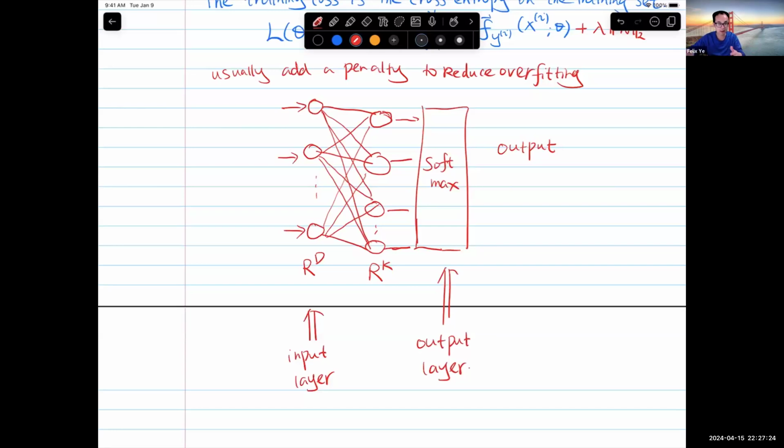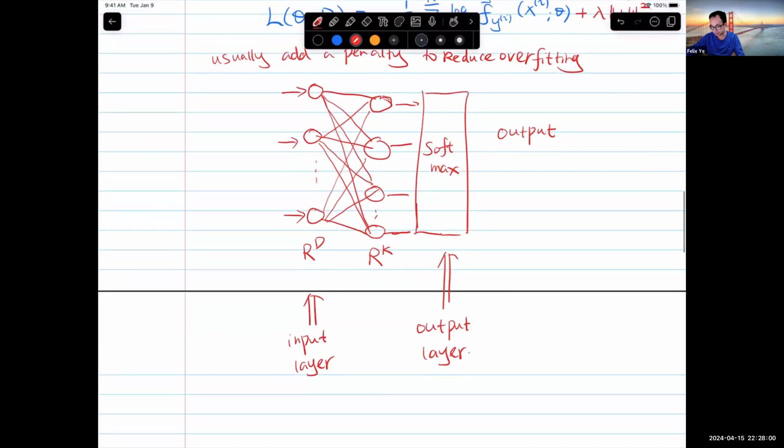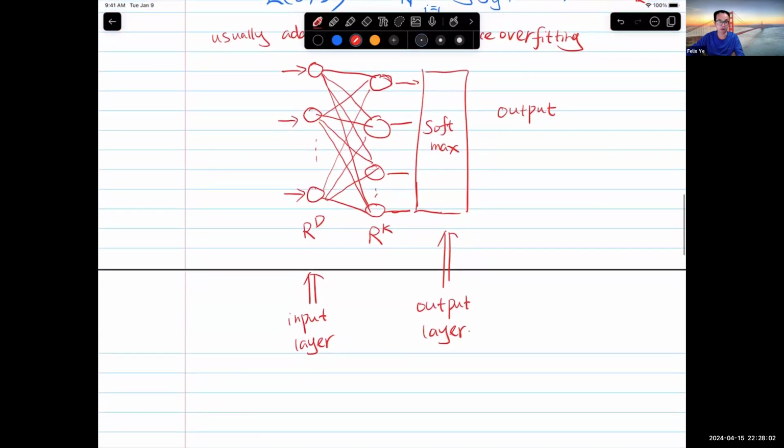There's nothing in the middle, just input and output. So you can think of logistic regression as the simplest possible neural network. This gives us a foundation, and gives further ideas for the neural network.